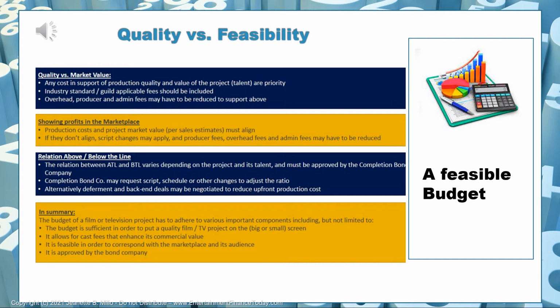So you might have to face the fact that talent fees might be higher than they could theoretically be, even higher than your below the line. Be very careful when you start cutting those or replacing talent because you can't afford it.